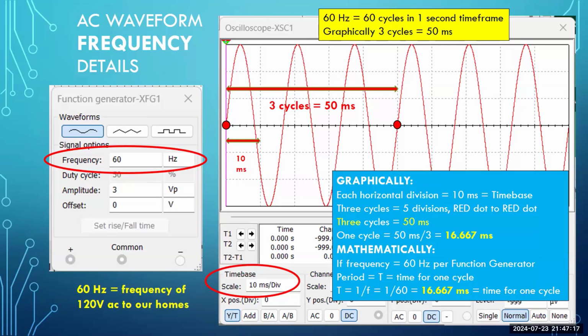And how many cycles are there that cross over very nicely where the waveform intersects both the 0 volts reference line as well as one of the major vertical lines? It turns out the red dot on the far right is one of those intersection points.